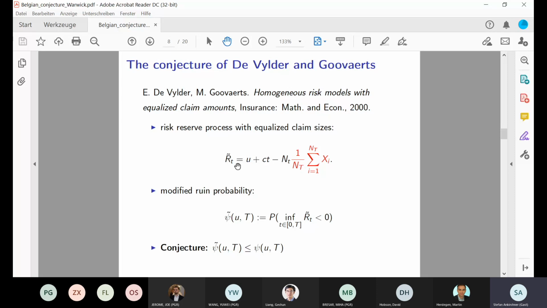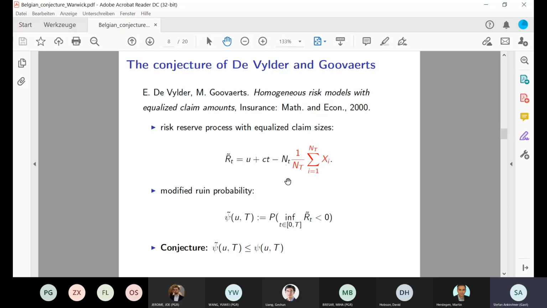So at time t, we look into the future up to time capital T. We take the sum of all claims up to time capital T and then average with N capital T, the number of claims up to time capital T. So the red part gives us the average claim size until time capital T. And now we multiply this with N_t, the number of claims actually until time little t.